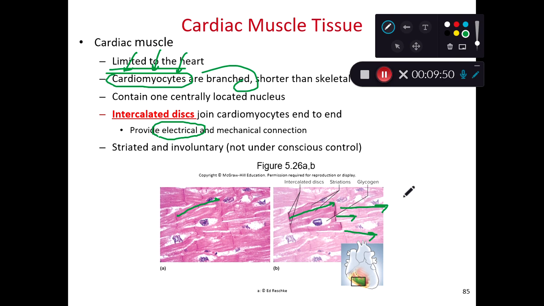Connecting one cardiomyocyte to another cardiomyocyte, there's a special junction called an intercalated disc, which allows for the cytoplasm of one cardiomyocyte to smoothly flow into the adjacent cardiomyocyte. I need to emphasize that cardiomyocytes are involuntary. We do not consciously constrict or contract our cardiomyocytes.